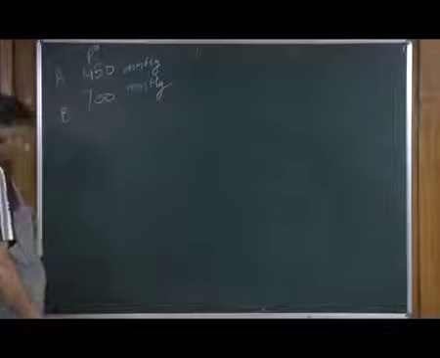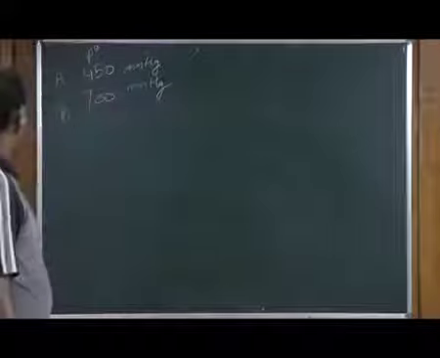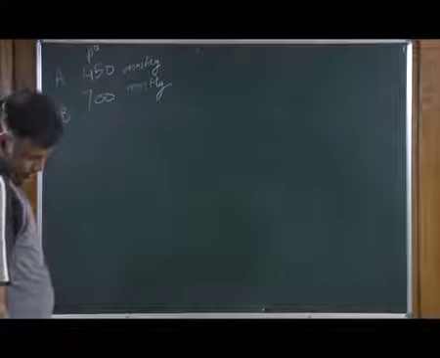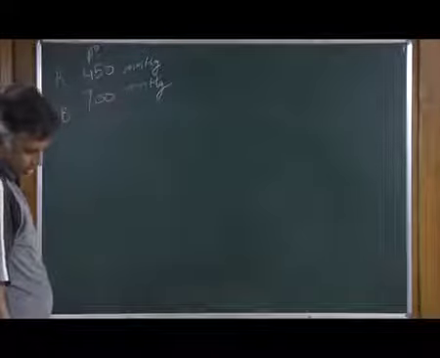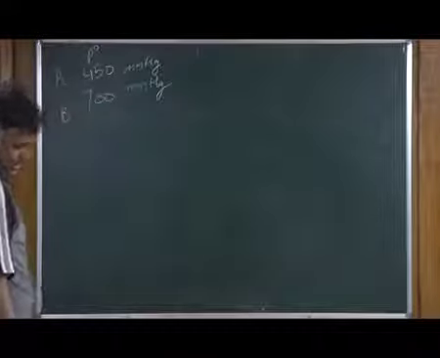So, vapor pressure of pure A is 450 millimeter Hg, vapor pressure of pure B is 700 millimeter Hg. Now, of course, at 350 Kelvin, find out the composition of the liquid mixture if the total vapor pressure is 600 millimeter Hg.